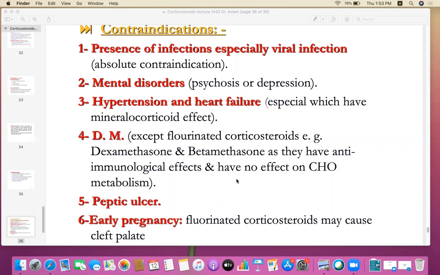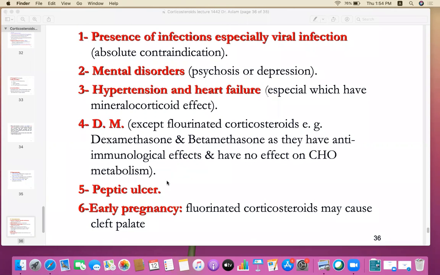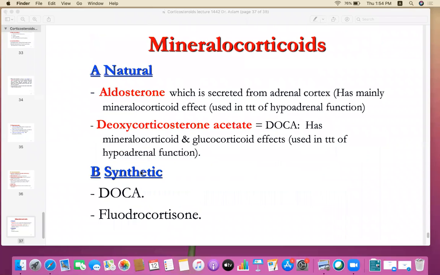But if you give other steroids, they may create diabetes mellitus or increase the hyperglycemia, except dexa and beta. Avoid in patients with peptic ulcer and in early pregnancy, because it is contraindicated, teratogenic.